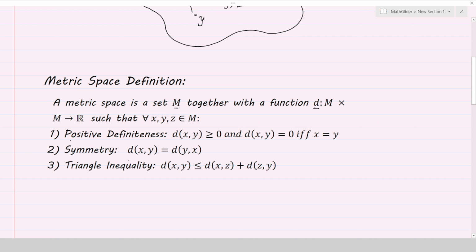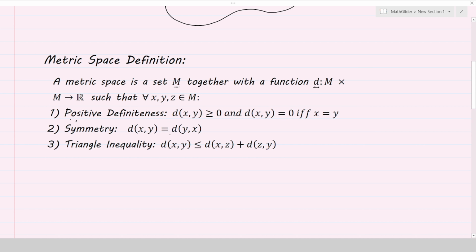This is satisfied for all of our points x, y, z in M. And then we say this M together with this distance function is a metric space.